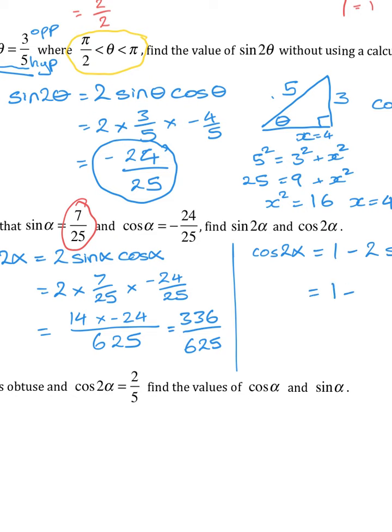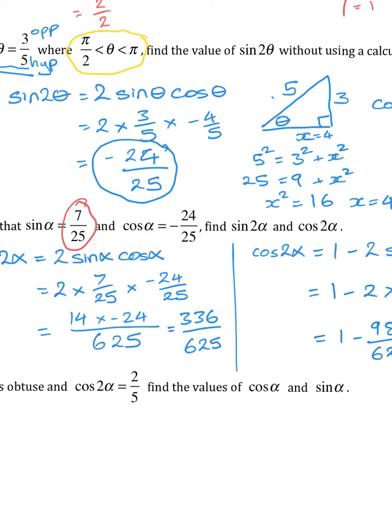So we get 1 minus 2 times 7 on 25 squared, which is 49 on 625. So we get 1 minus 2 times 49 is 98 on 625. Now this isn't so easy to do without a calculator, but at least it's not impossible.